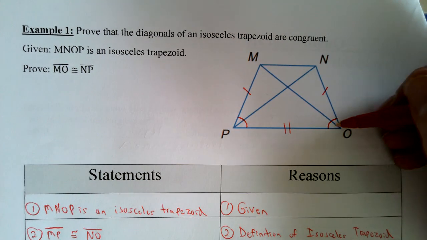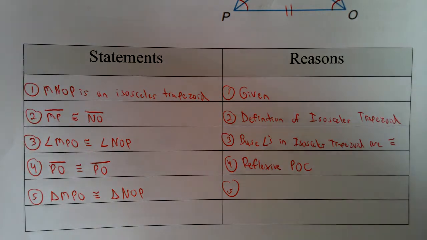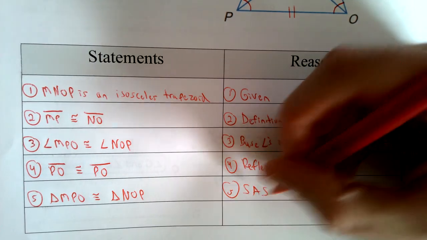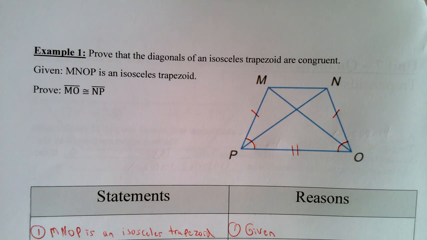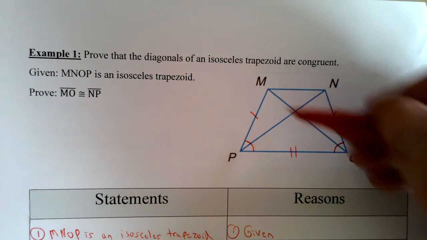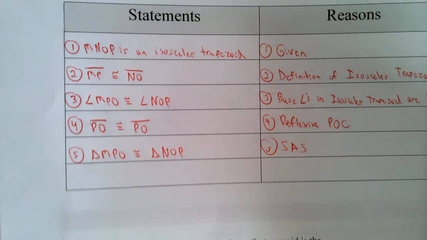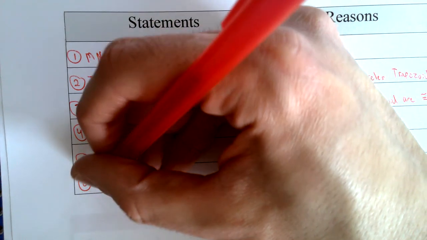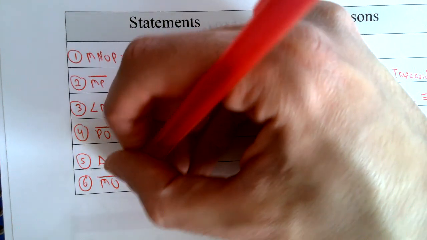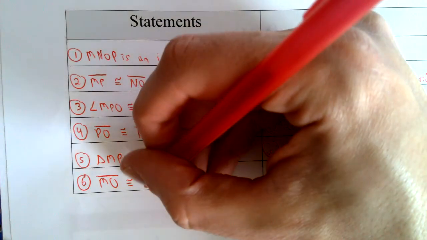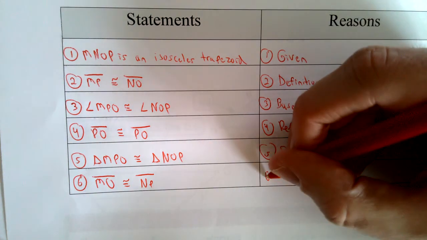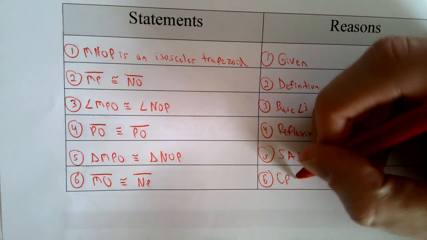If that was too confusing, you might want to draw two separate triangles to help you see that better. But now, since I have the two triangles congruent, I can say that segment MO, first and third, is congruent to segment NP, first and third. CPCTC: corresponding parts of congruent triangles are congruent.